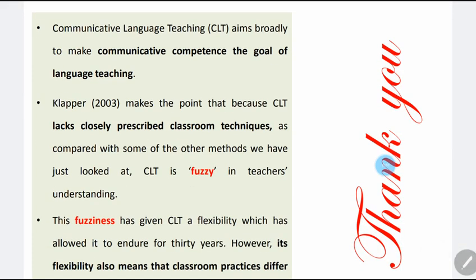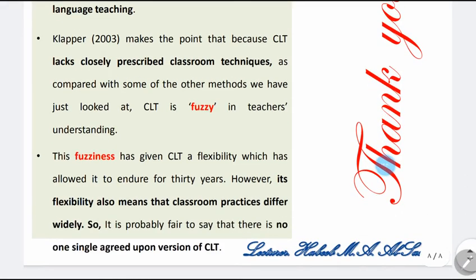Clapper 2003 makes the point that because CLT lacks closely prescribed classroom techniques compared with some of the other methods, CLT is fuzzy. It's an important point that CLT was described as a fuzzy method. Why fuzzy?